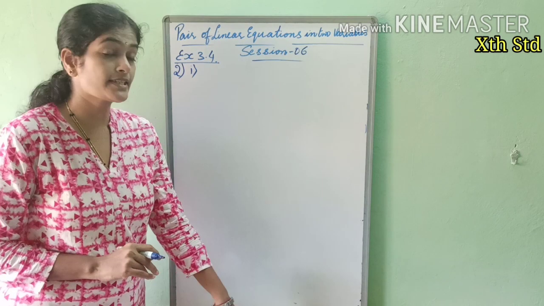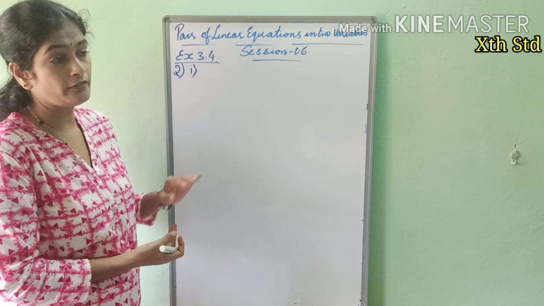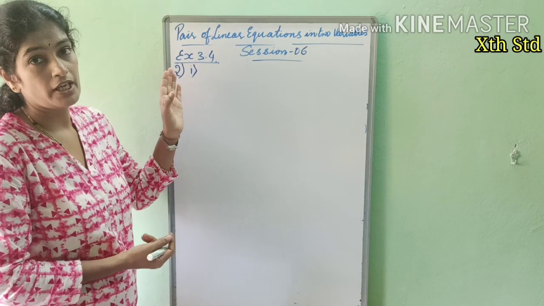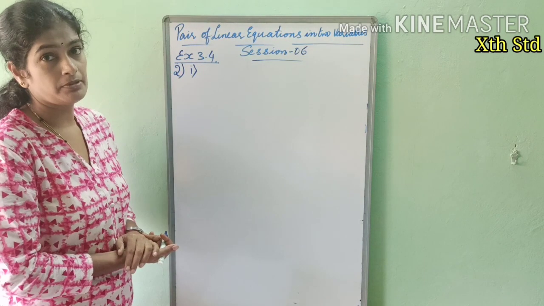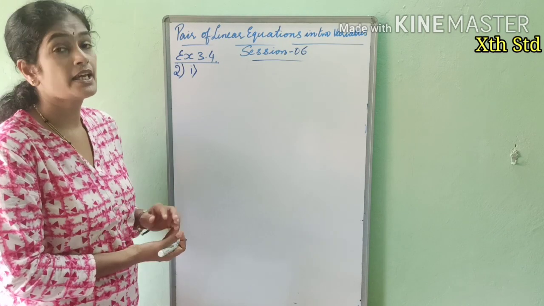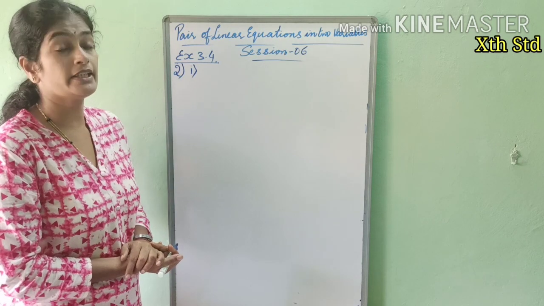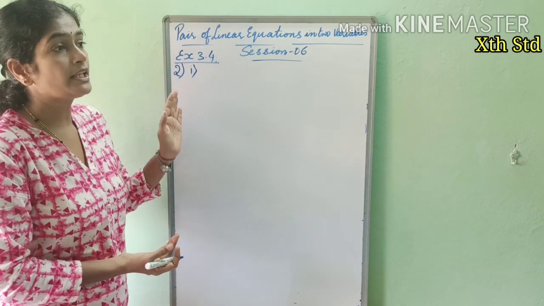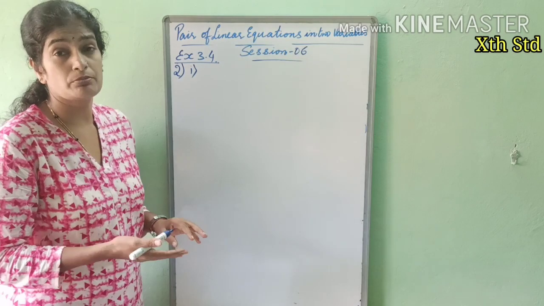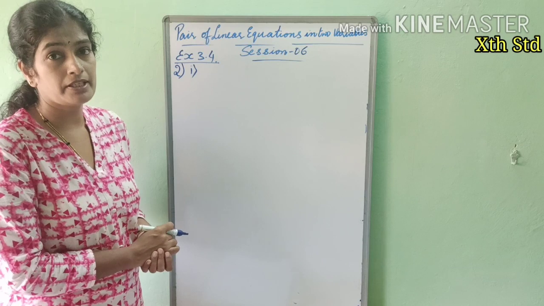How to check whether the solution exists or not? Once the equation is formed, you have to just look at the coefficients of x, y and the constant term, and solutions exist when they are consistent. That means when a1 by a2 is not equal to b1 by b2, then there exists a unique solution. Otherwise, if a1 by a2 equal to b1 by b2 equal to c1 by c2, infinitely many solutions exist.